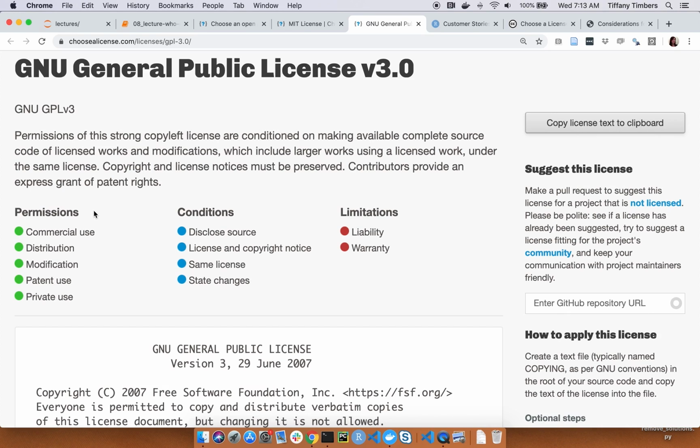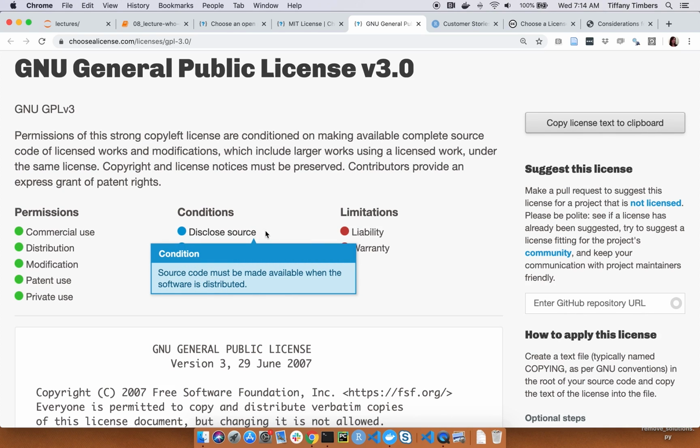So permissions, you can use this GNU GPL license for commercial use, for distribution, modification, in patents, for private use. It does not restrict you from doing any of these things. And then here we talk about the conditions. The conditions of such a license are basically that you need to disclose the source of the code that was used to create the binary, the runnable version of the program.